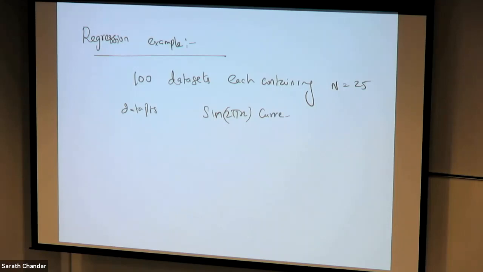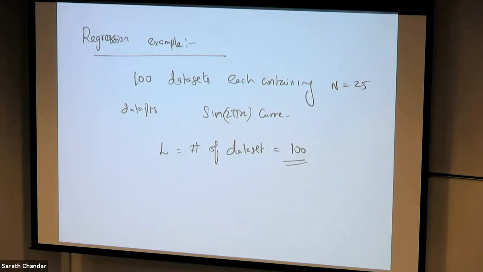We are going back to the same synthetic example, sine 2 pi x, because in that case we have access to the true function. We can compute E of y given x. So I'm going to consider the same problem, but generate 100 different data sets, each having 25 data points. Let L, the total number of data sets, be 100.